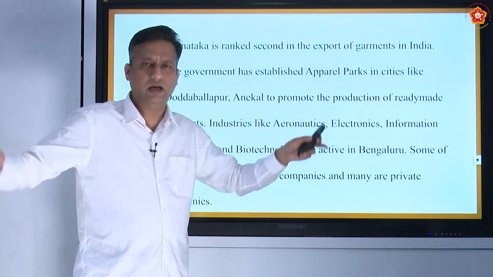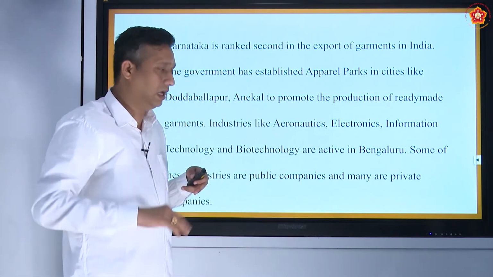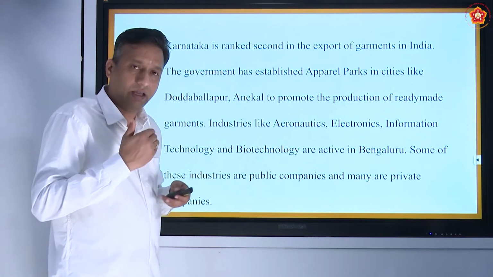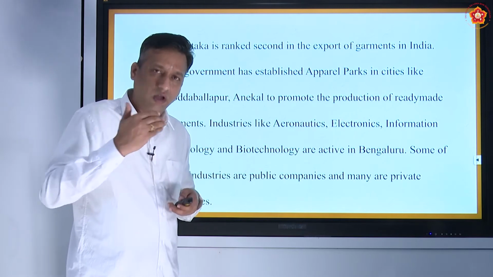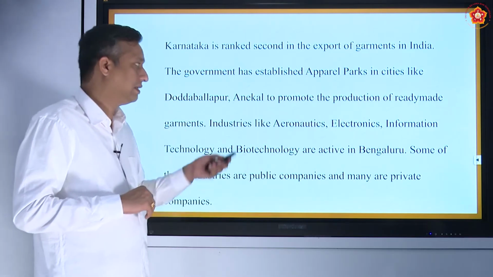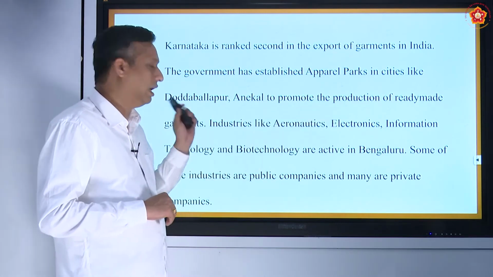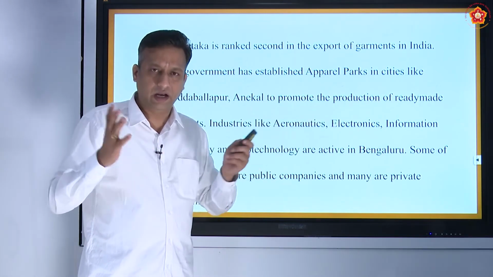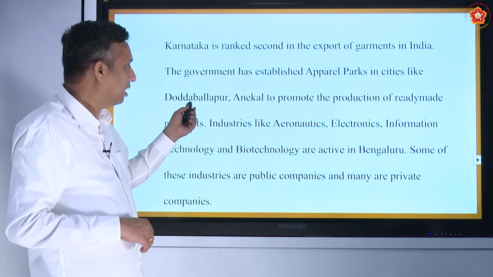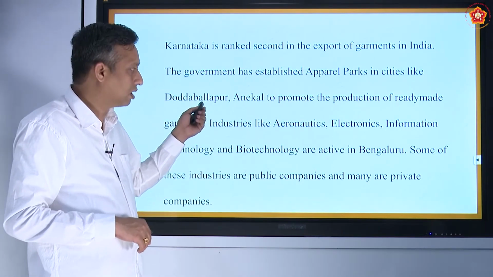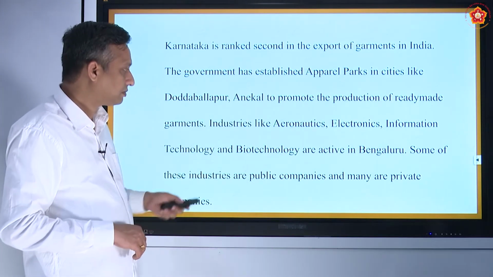Very big industries and different companies are there, and they produce garments used for local consumption inside the country and also for export to other countries. It is established to promote the production of ready-made garments. Today all things are ready-made. The places are Dodballapur in Bangalore rural district and Anekal in Bangalore district.